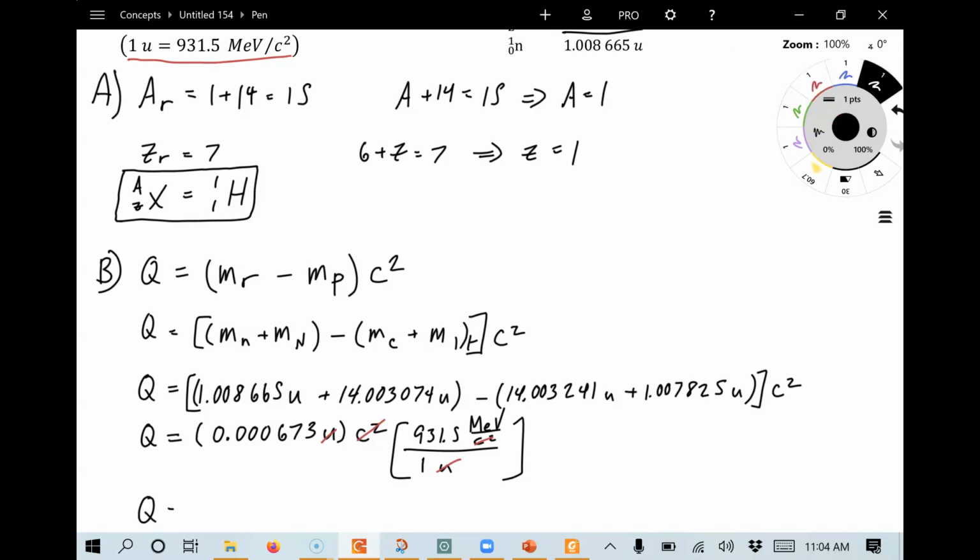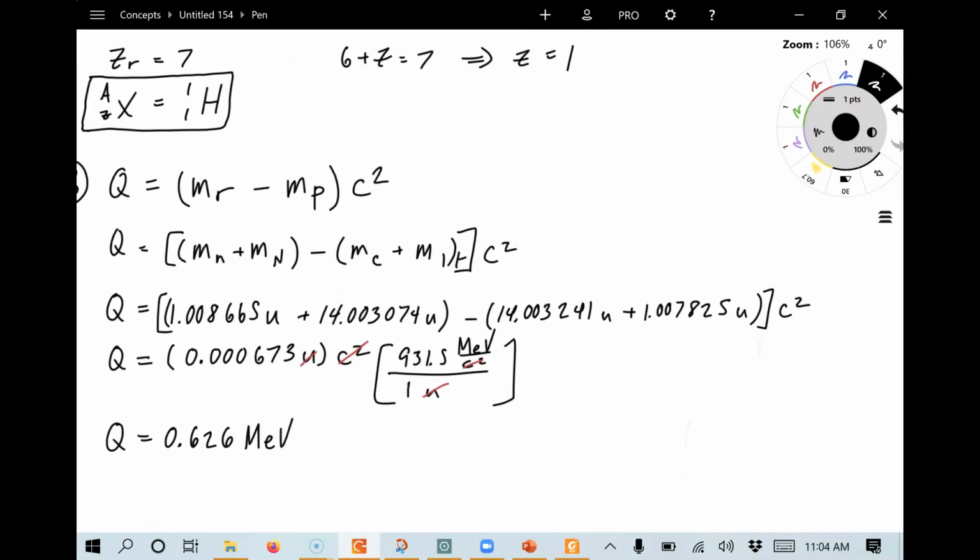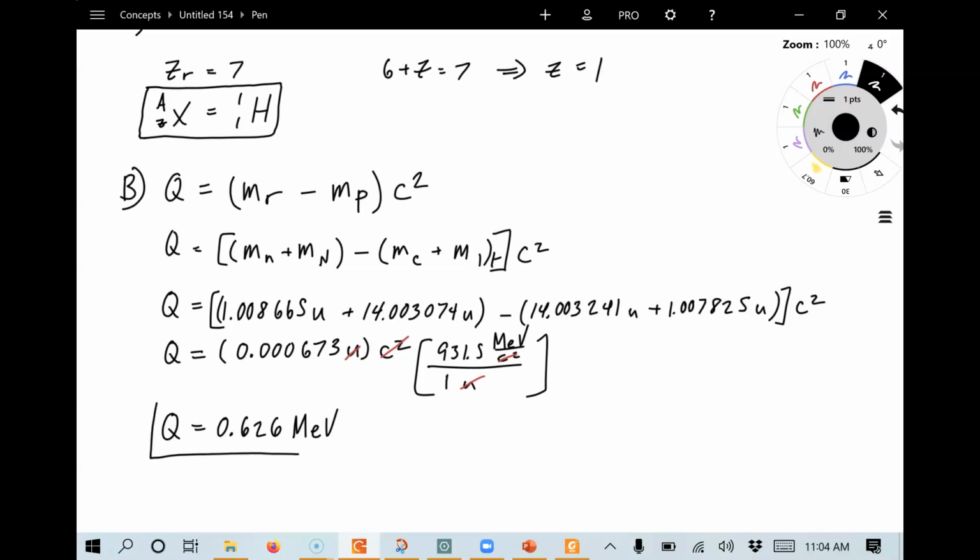Putting that number into the calculator, we get a value of 0.626 MeV. Now, that's a positive number. That means the reactants had more mass than the products, so some mass of the reactants was converted into energy. That is energy released in the reaction. We say that that is an exothermic reaction when energy is released.